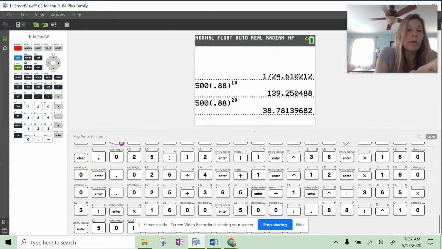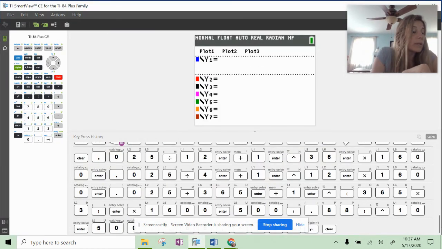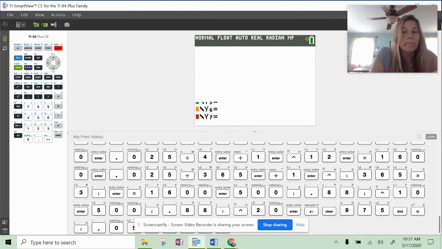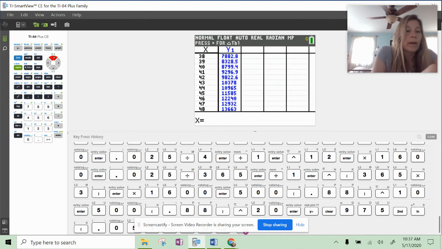So if I go to my y equals, I'm going to type in 975 times e, and I'm raising that to 0.055 times t, or x, whichever variable, and I'm going to hit my chart. So I have to scroll back down because I need 11, 6, and 3. Okay, so we see the 11 is 1785.50.